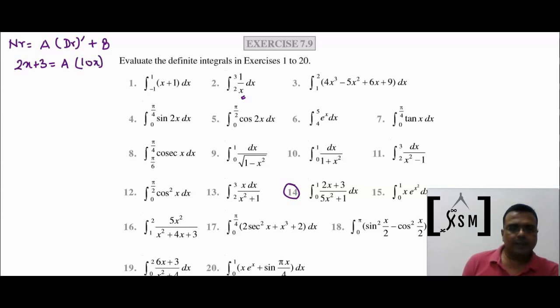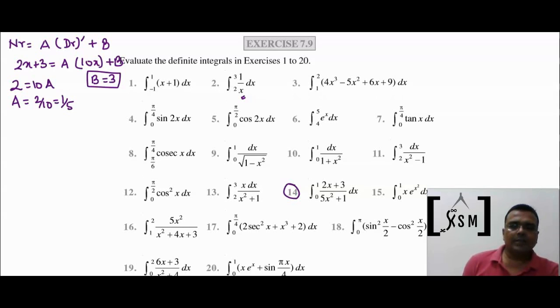Good. Then we compare the x coefficient both sides. We get 2 is equal to 10a. A equal to 2 over 10, which is 1 over 5. And b is equal to, now we are comparing the constant part. So b is equal to 3. So a is 1 over 5 and b is 3, right? Okay.